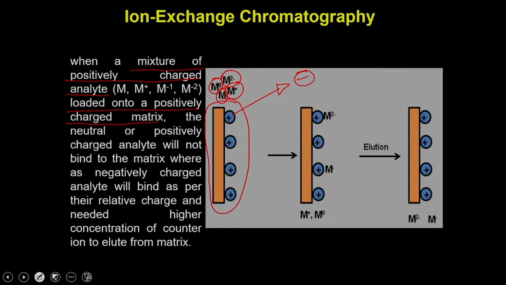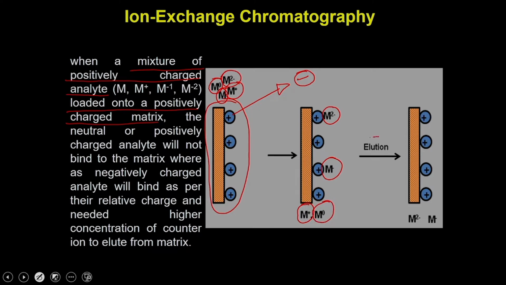So, in this process, once you flow this complex mixture, the M2 minus as well as the M minus are going to bind the matrix, whereas the M plus is going to repel the bound charges, and M0 does not have any charge, so it will also not bind the matrix.